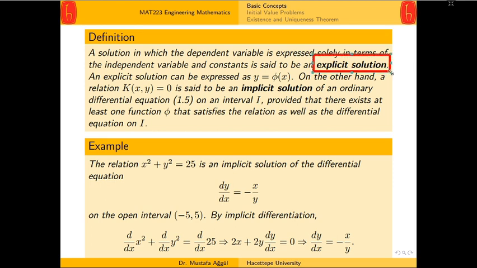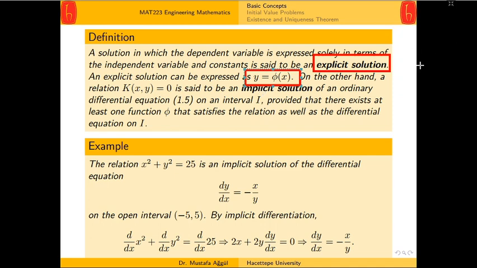Explicit solution means we can separate the dependent variable from the independent variables and constants. So say y is the dependent variable and x is the independent variable. Then we can write the solution as y is equal to phi of x. So on the right hand side we will only have phi of x.